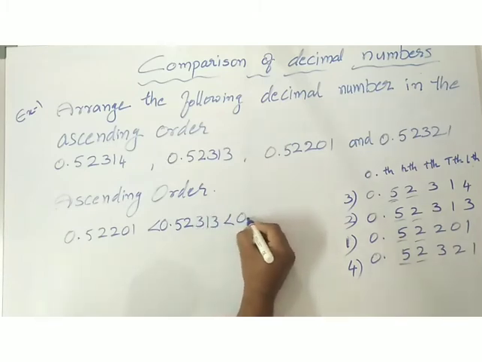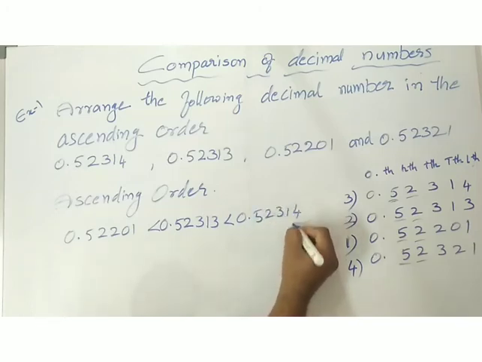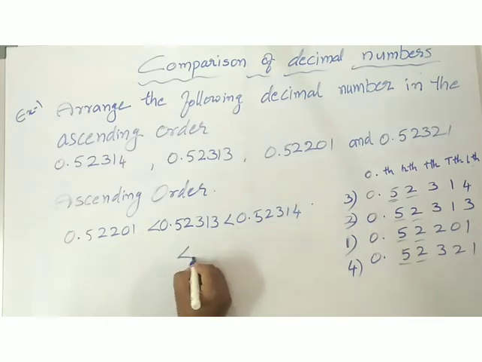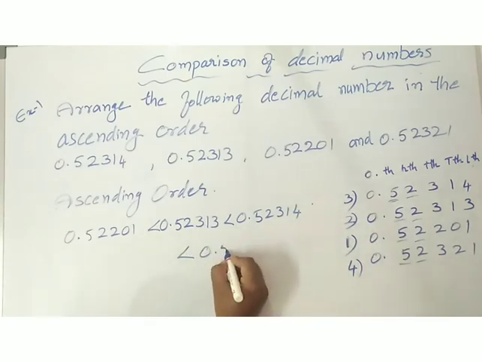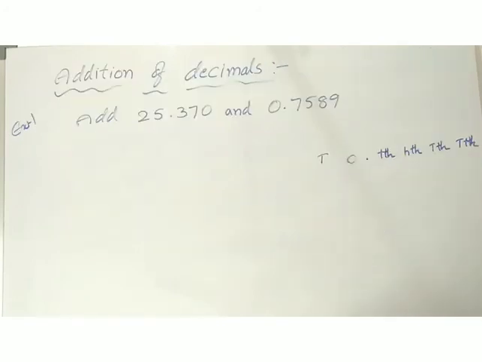Next is 0.52314. The next number is 0.52321. This is the technique for writing ascending order. You can write descending in the reverse way: if you write from larger to smaller, that is descending order.